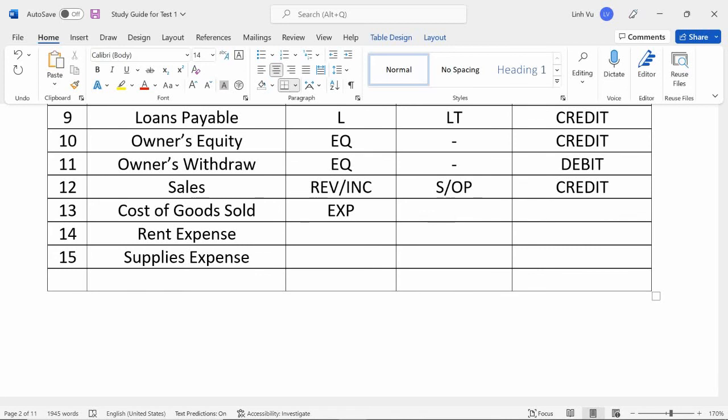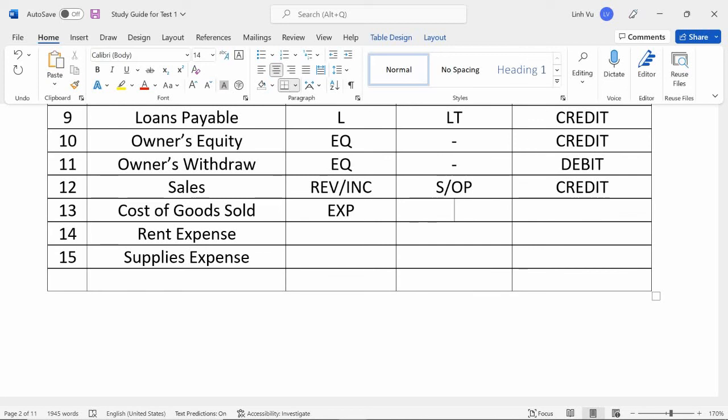Operating expense. Not operating. What are the categories for expenses? Would be sales expense.